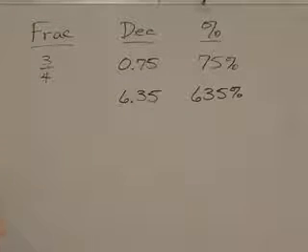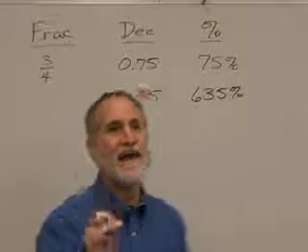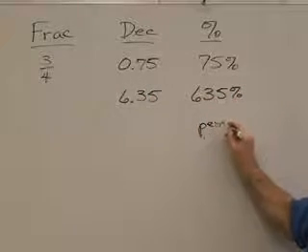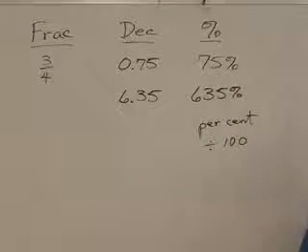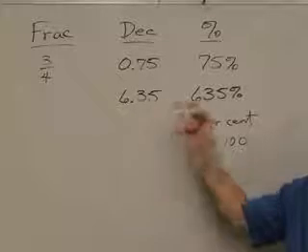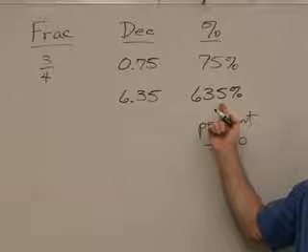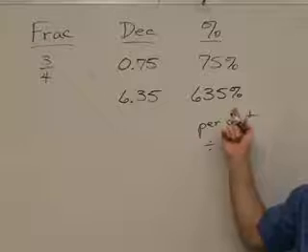All right, let's do this fraction. Now, there's 3 ways we can look at percent. Percent, we said, means divided by 100, doesn't it? Well, here's 635%. 635 divided by 100.